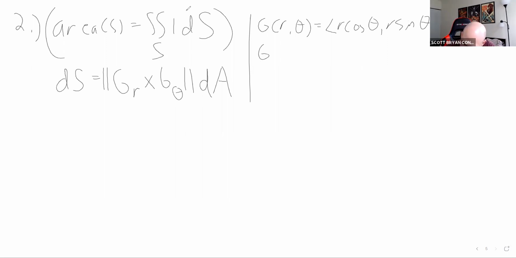So our g sub r, we go component by component and differentiate with respect to r. R cos theta becomes cos theta. R sine theta becomes sine theta, and r becomes 1. And then our g sub theta, our cos theta becomes negative r sine theta. Our sine theta becomes r cos theta, and r becomes 0.